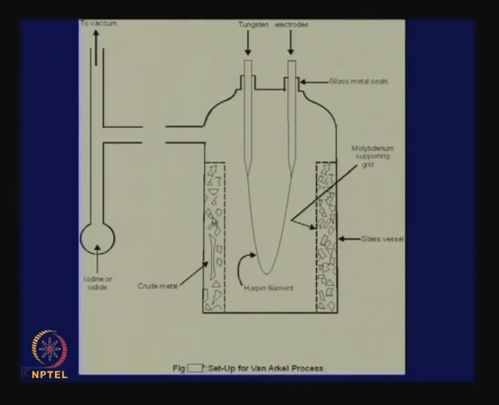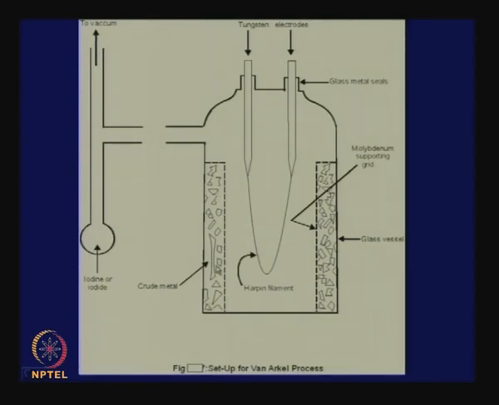So, you transport tungsten from this cage to the filament; the filament gradually grows thicker, and from here you lose crude metal gradually. Whatever impurities are there in the tungsten will be left behind in this place.